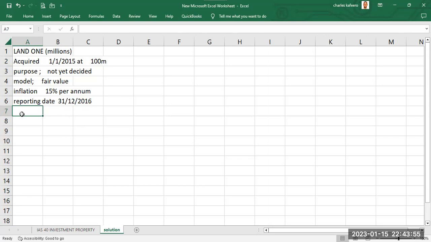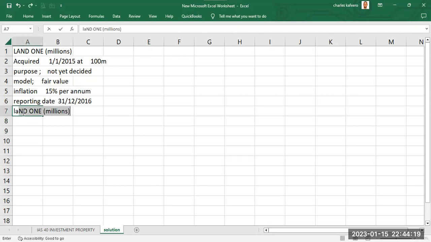So, having done that, then we try to answer the question. Of course, we said this is going to be a mixture of computation and theoretical aspects. So here for land one, we have to start explaining how are we going to be accounting for this.